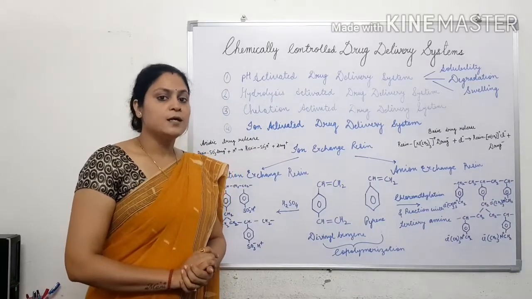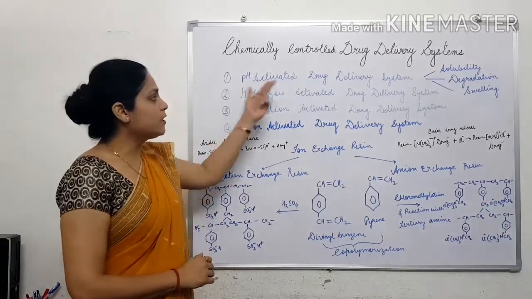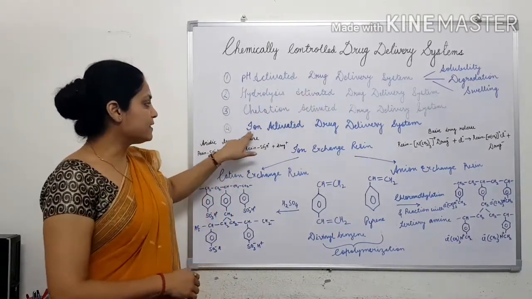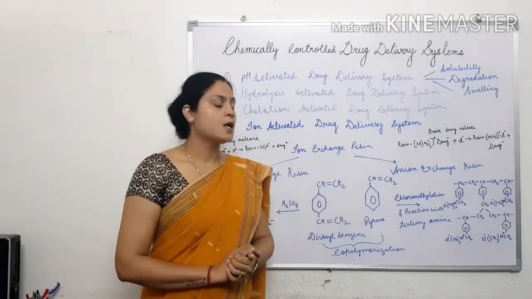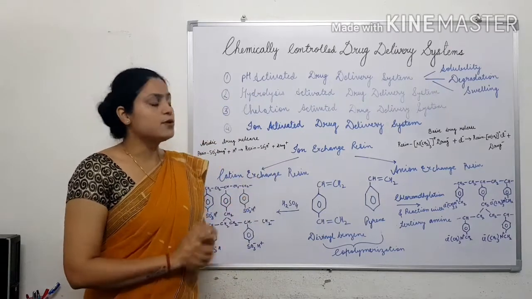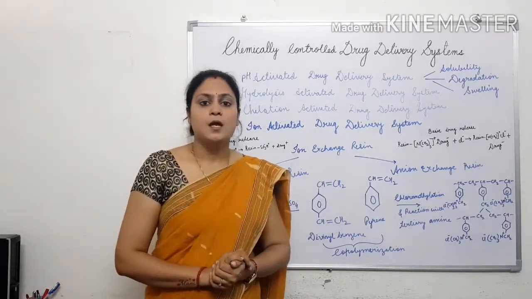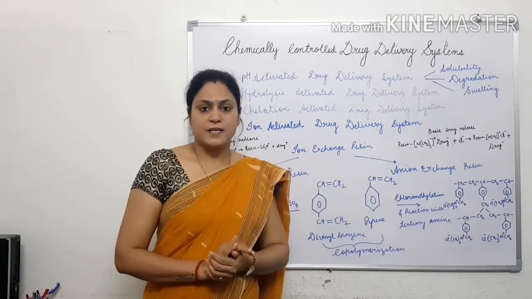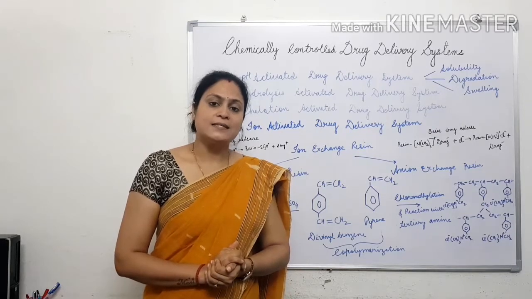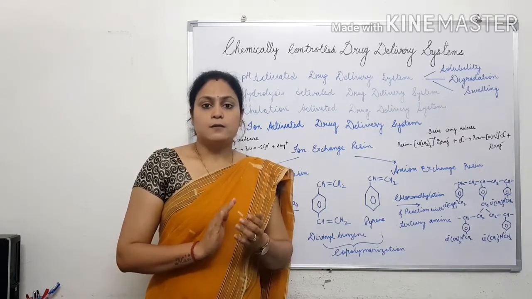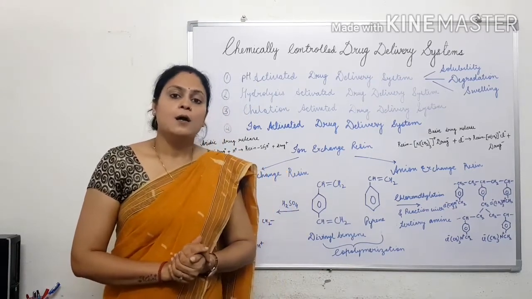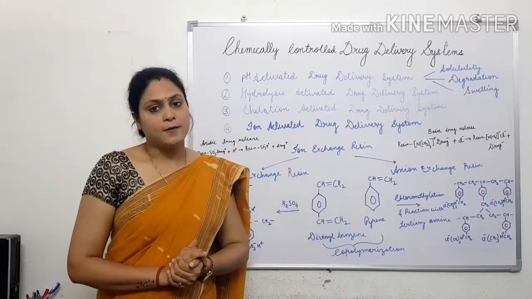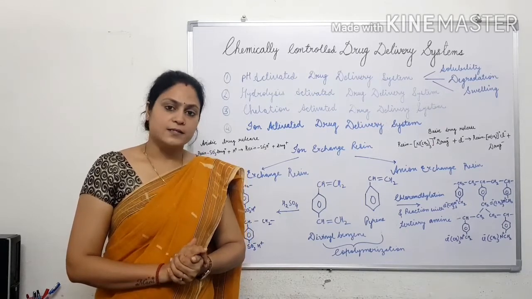Now, coming to the next type of chemically controlled drug delivery system, that is ion-activated drug delivery system. These ion-activated drug delivery systems are based on the concept that in the gastrointestinal tract, a relatively constant concentration of ions, hydronium ions and chloride ions, are present.